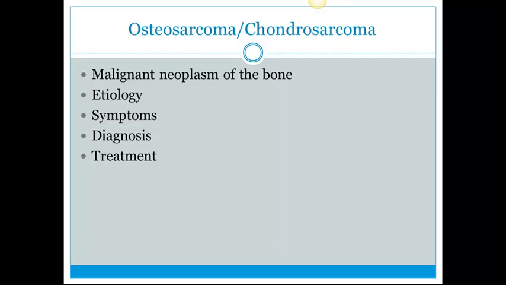Osteosarcoma or chondrosarcoma is a malignant neoplasm of the bone. Etiology is unknown. Symptoms are severe pain, and the diagnosis is a CT or MRI scan. Sometimes we'll do white blood cell counts and a PET scan. Treatment is removal of the tumor, chemotherapy, and osteosarcoma only.